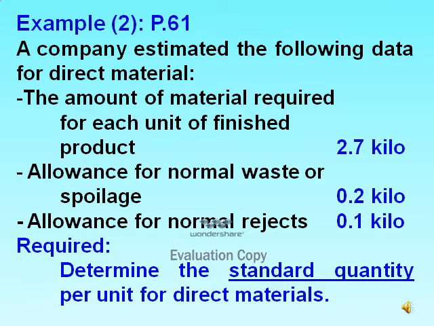Example 2 on page 61. A company estimated the following data for direct material. The amount of material required for each unit of finished product 2.7 kg. Allowance for normal waste or spoilage 0.2 kg. Allowance for normal rejects 0.1 kg. Required: determine the standard quantity per unit for direct materials.